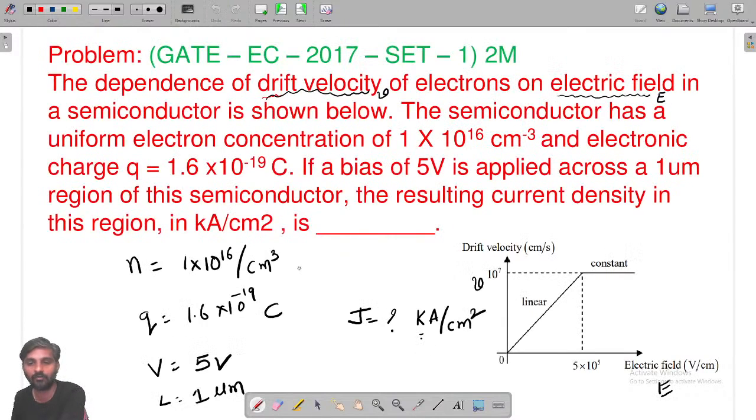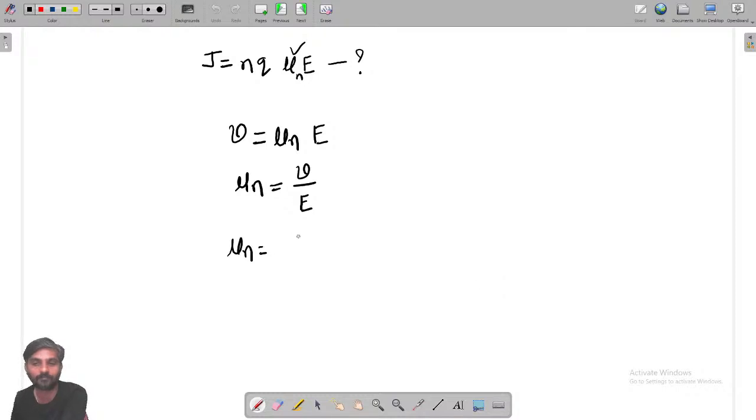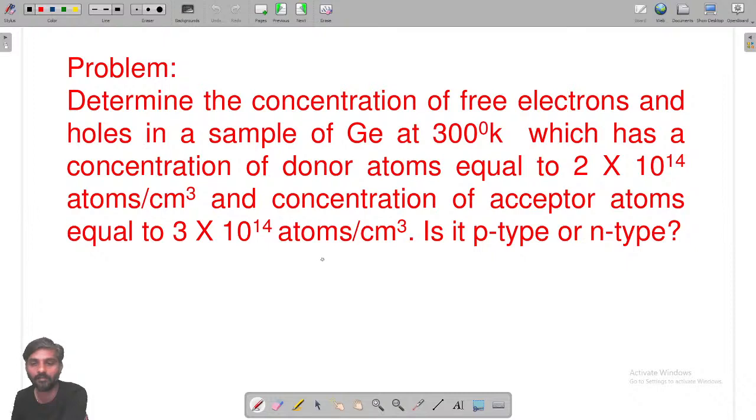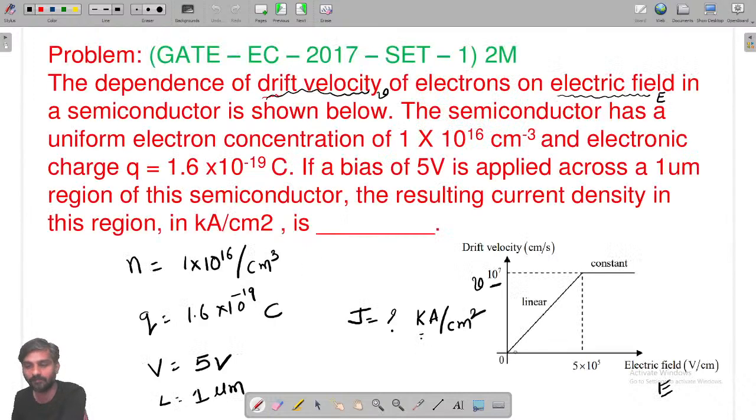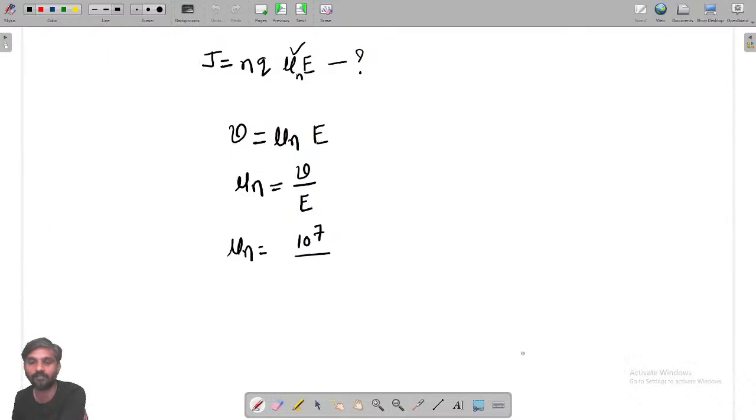What is the V value? V value is 10 to the power of 7, by E which is 5 into 10 to the power of 5. So how much is it going to be, sir?